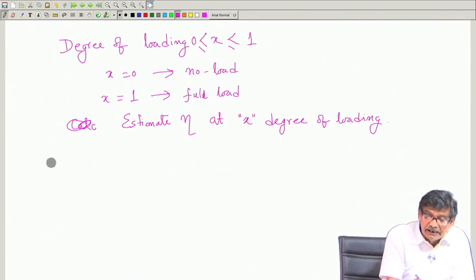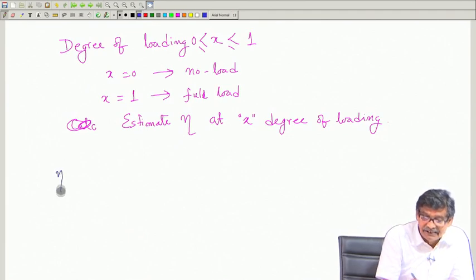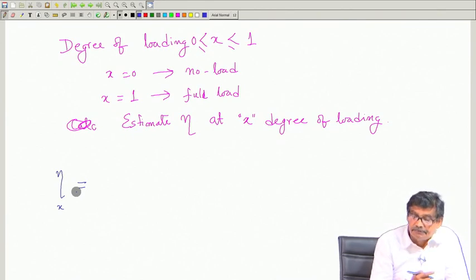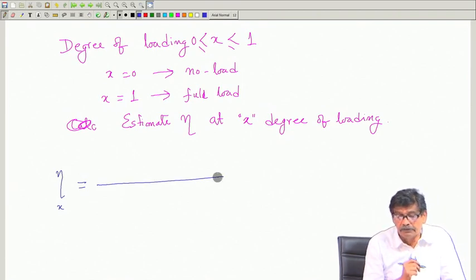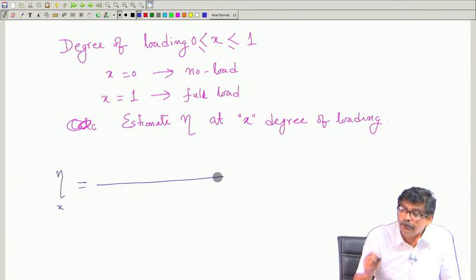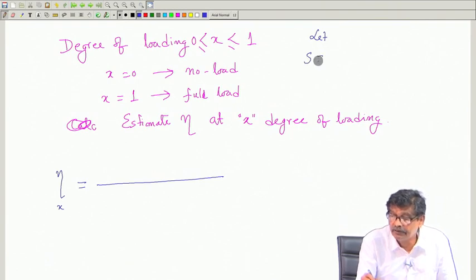I will write eta_x; x equal to 1 corresponds to full load efficiency. Now, this one will be the output. Let S be the rated kVA of the transformer.